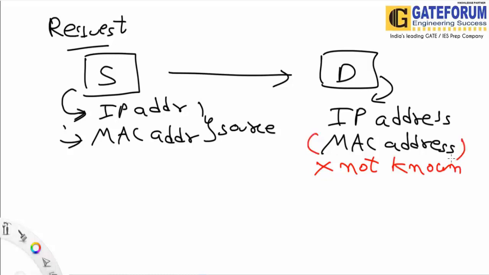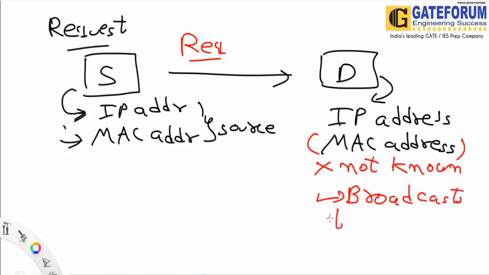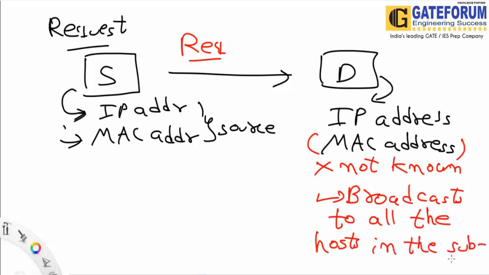So whenever it sends a request, at that point of time, it needs to broadcast it to all the hosts in the subnet. Okay, very simple funda.